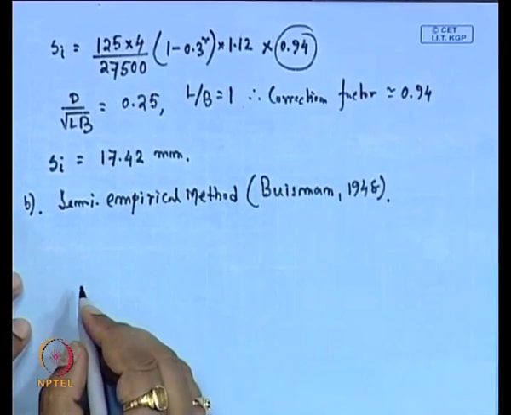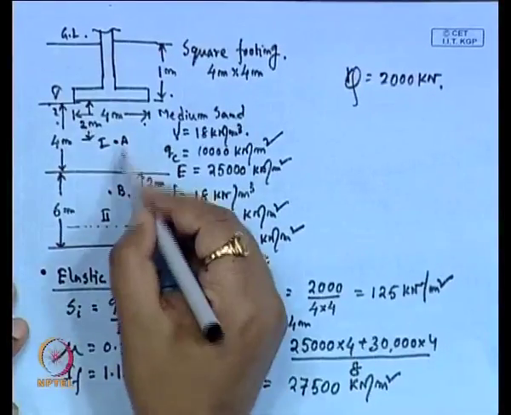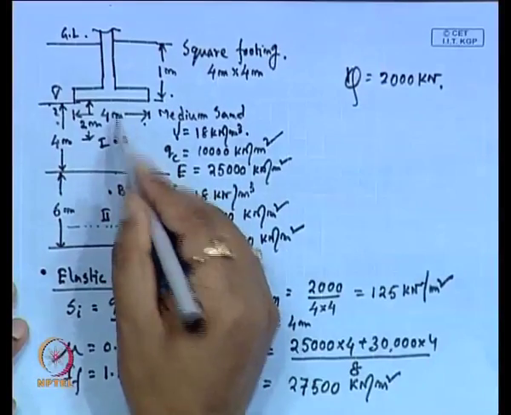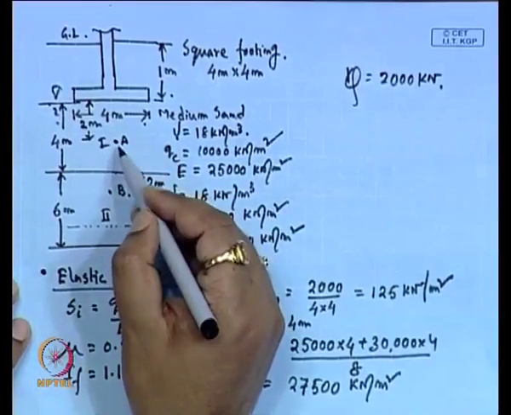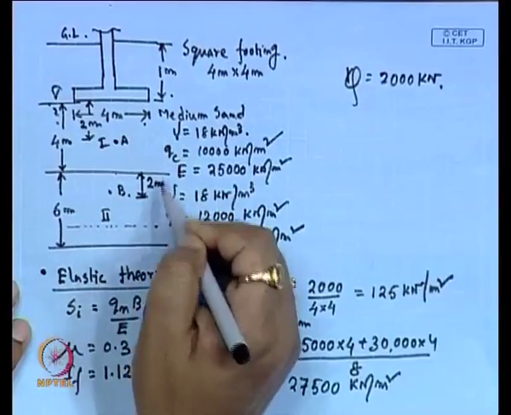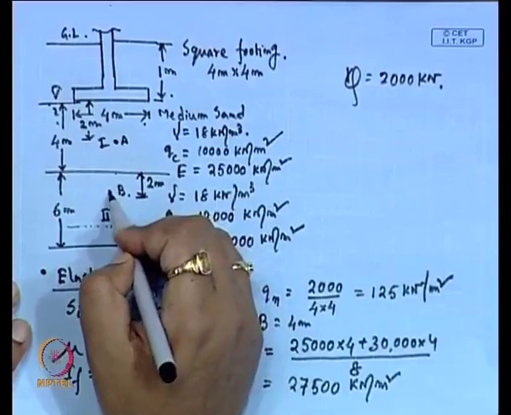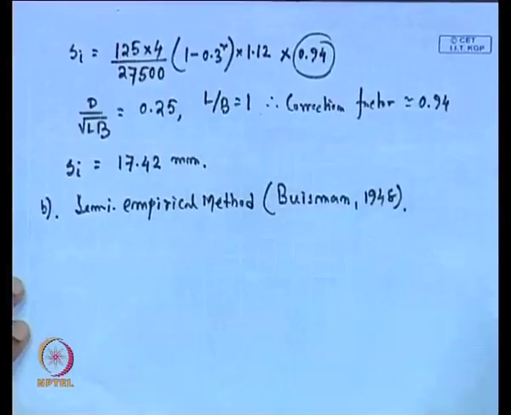So, here we have taken 2 points, at the centers of these 2 layers. This is for the first layer, thickness is 4 meter and the center is point A. The second layer, thickness up to the influence zone, we are taking 4 meter and this is its center. So, A and B are the 2 points.